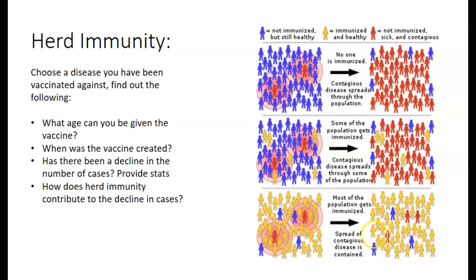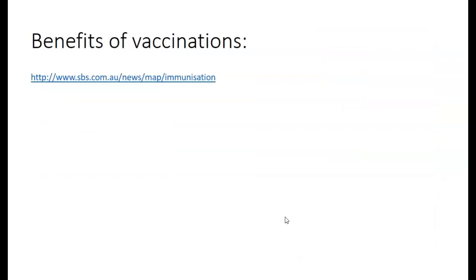So herd immunity is important to protect those people in our population. If we are otherwise healthy and can be immunised, you should be immunised. Herd immunity works to protect people in our population who cannot be immunised.